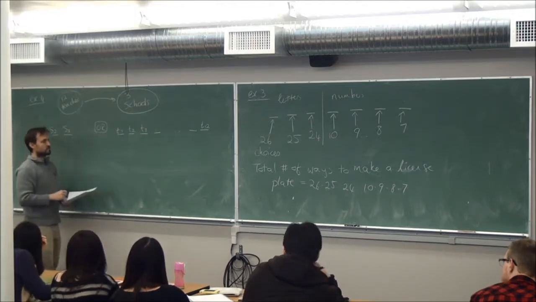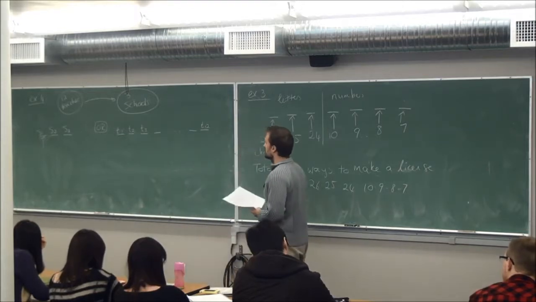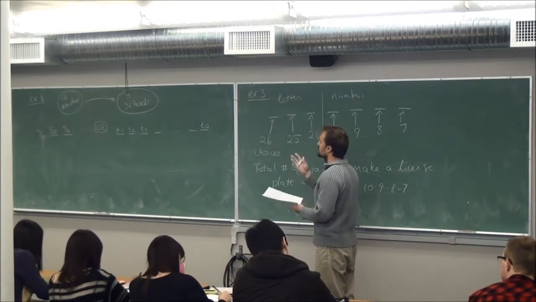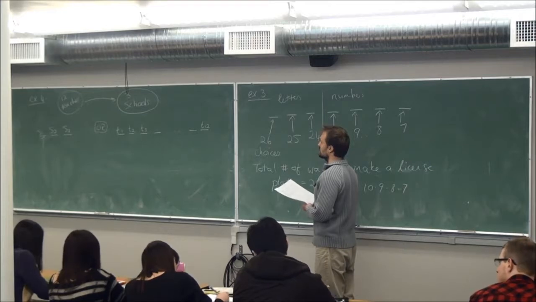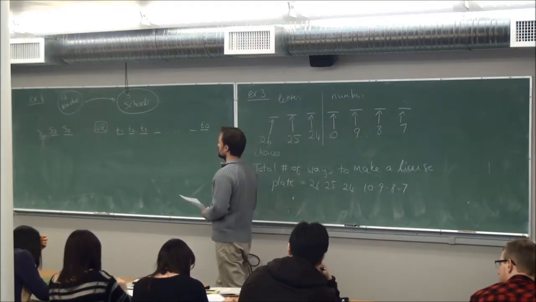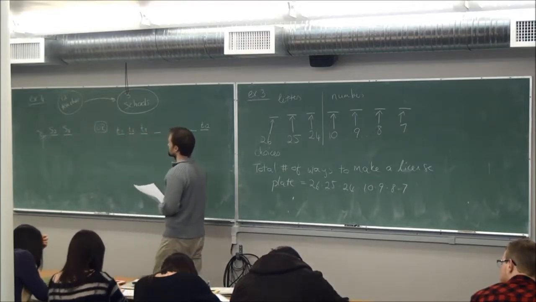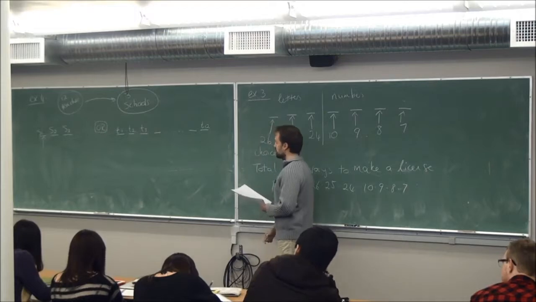So now I'm listing the schools. What's my experiment? My experiment is assigning the teachers, counting how many ways I can do that systematically. Now if this is my strategy by listing the schools, what is that first step?